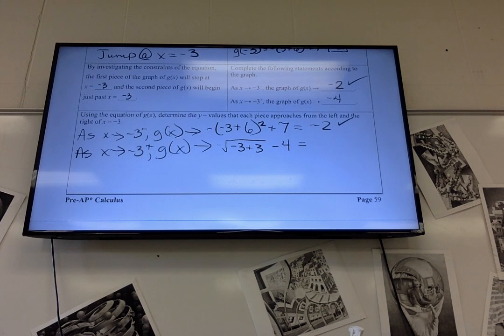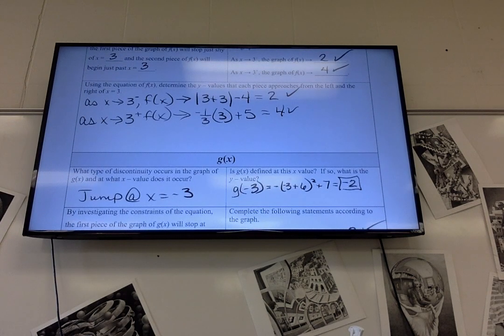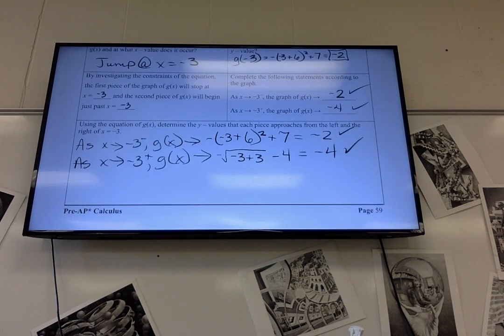And what do I get there? Negative 4, which is the same thing I got here. Now, in f of x and g of x, notice they're different numbers that they're approaching. So since they're approaching different numbers, that's why it's a jump discontinuity.